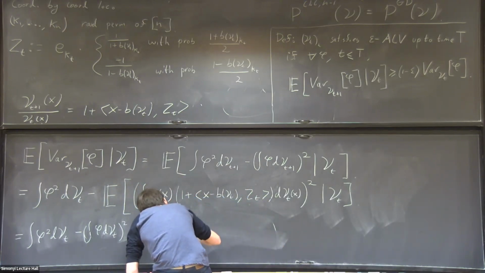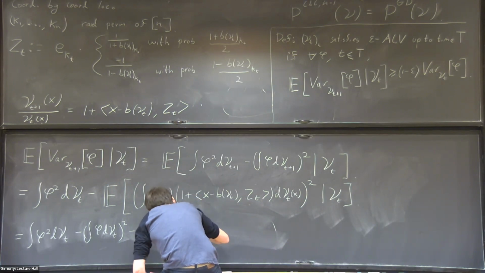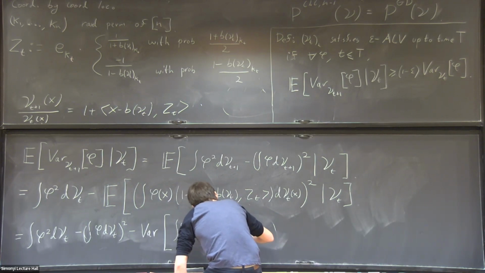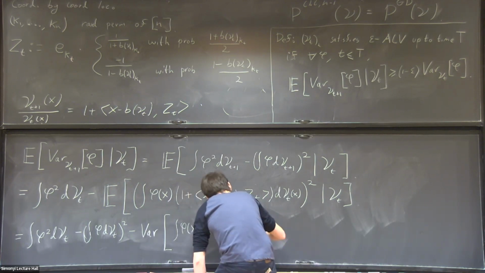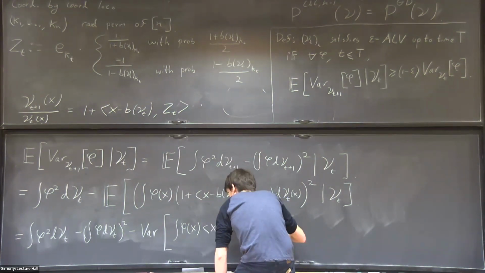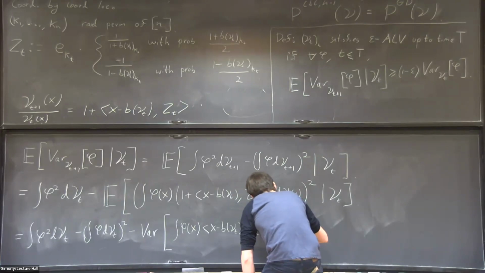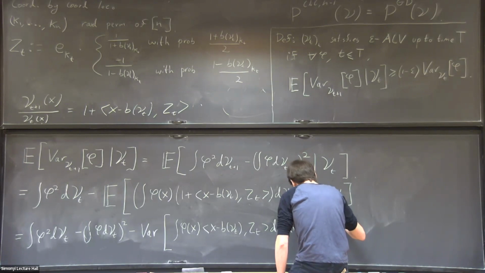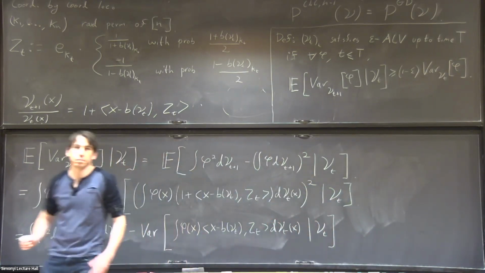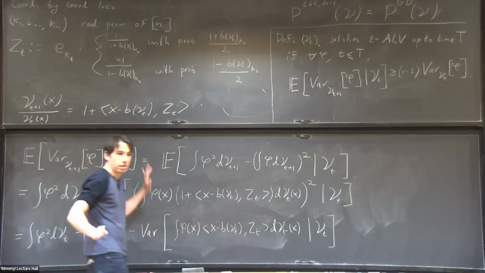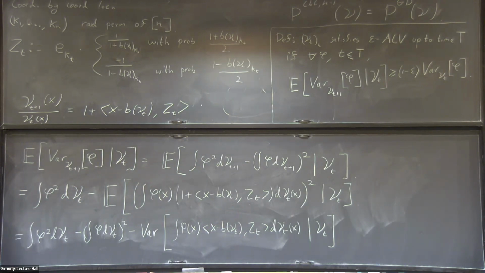So I have minus the variance of the following thing: the integral of phi of x minus the barycenter of nu t, z t, d nu t of x, conditioned on nu t. I didn't do anything. This is just a straightforward derivation.